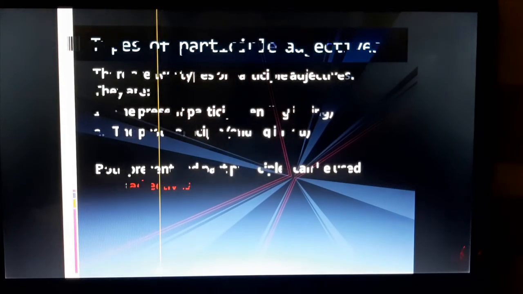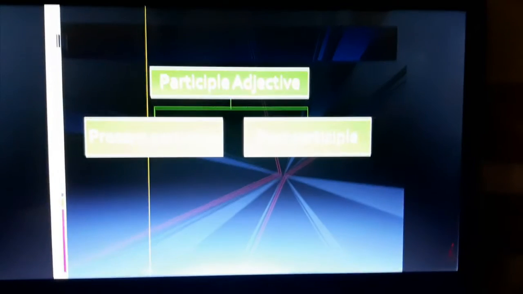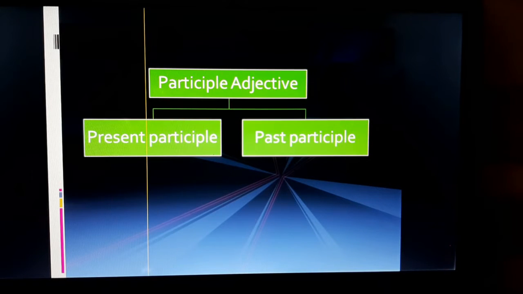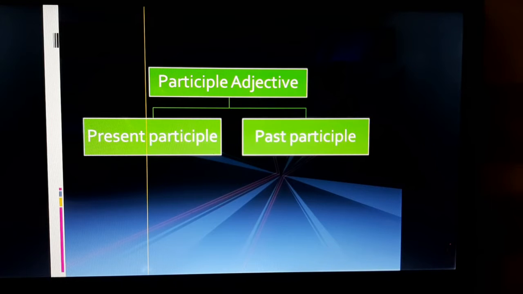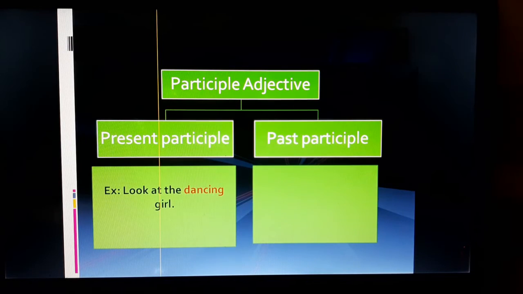Now we can see a chart over here which says participle adjectives, which come in two parts: present participle and past participle. We already know that, right? Let's look at this with an example. Here, the example shows: look at the dancing girl, which is a present participle. Let's see the past participle example. Roy was the most learned man among his peers.